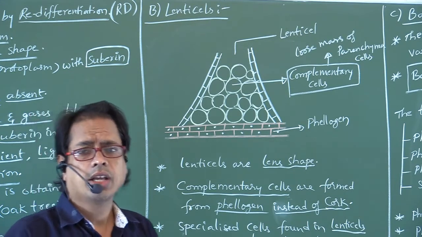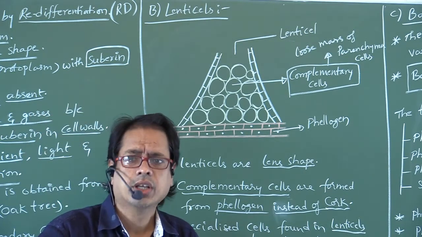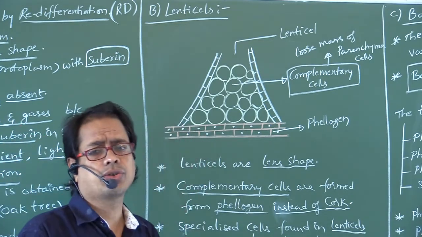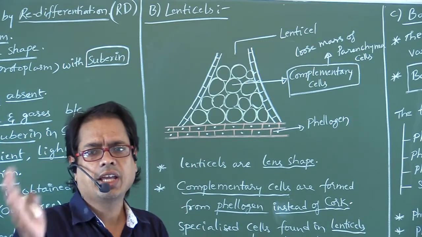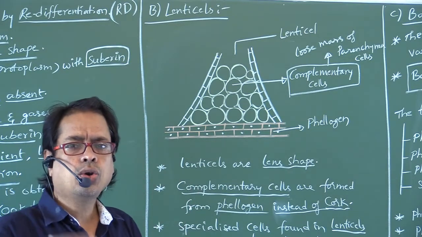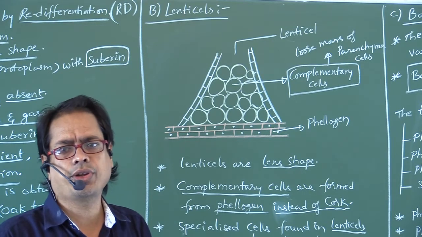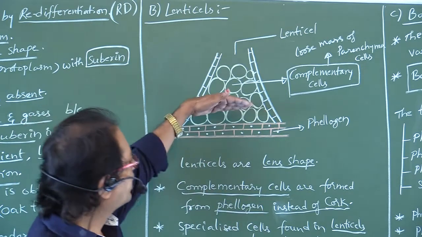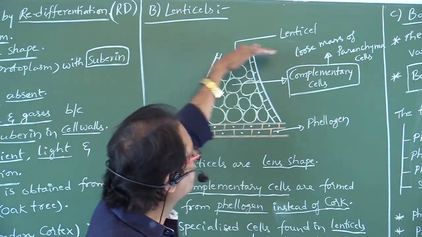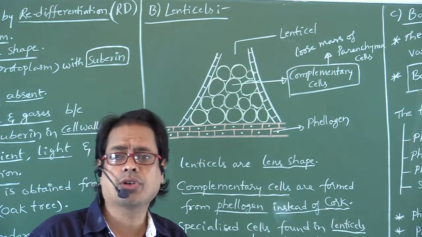If entire cork is produced, water and gases are not allowed into the inner tissues of the plant body. That's why here and there, instead of cork tissue, loose masses of parenchyma cells are produced. And whenever these are produced, the upper layer called epidermis may be ruptured.